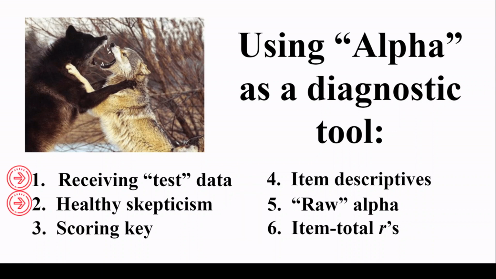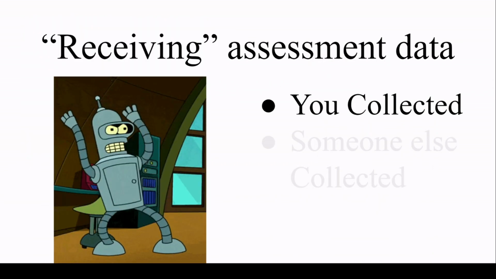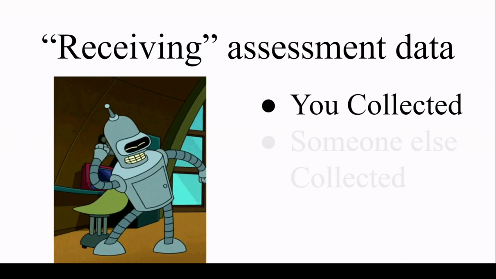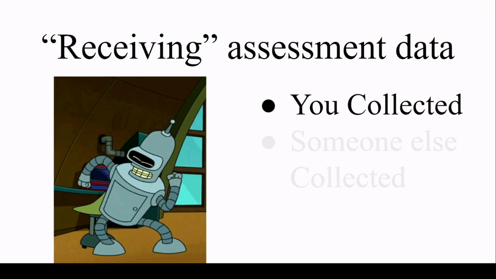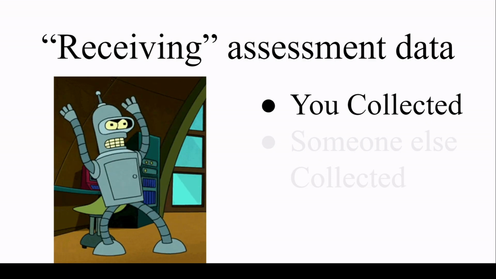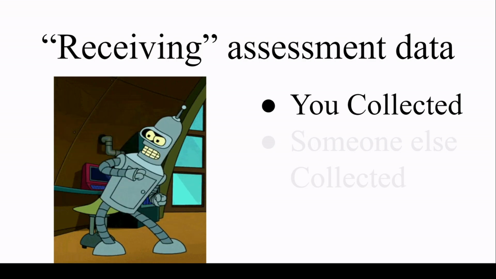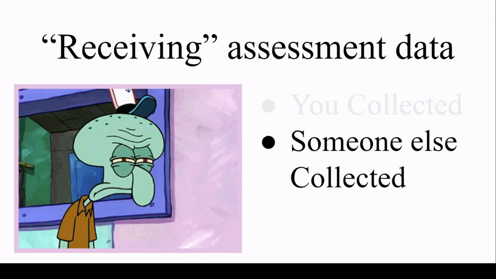The first two elements here are just recommendations for what your expectation should be when working with assessment data. So, if you're asked to work with data that represents responses to a psychological test or inventory, you're going to have some sense of comfort if you know the data. Often, however, you're going to be asked to work with data that someone else has had some level of control over, typically either through collection or some degree of holding the data.